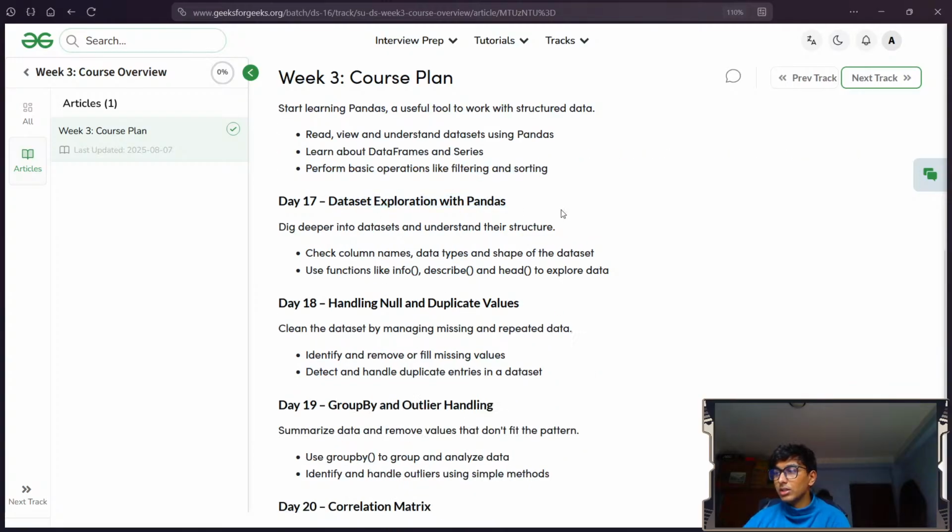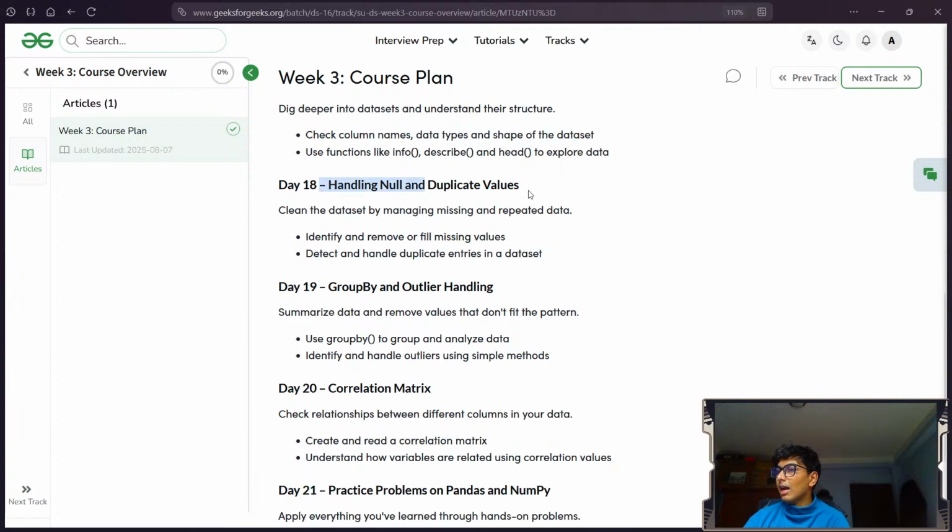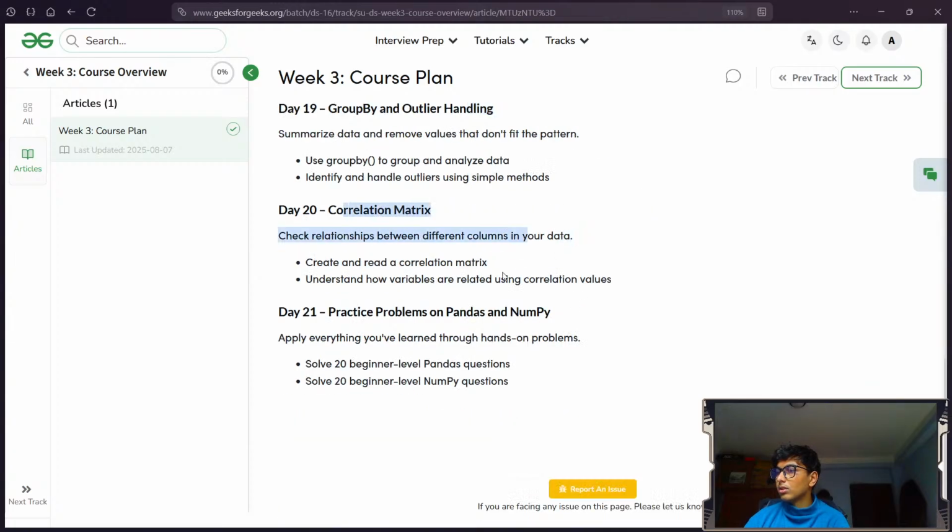Dataset exploration with pandas: dig deeper into data sets and understand their structure, check column names, data types, and shapes of dataset, use functions like info, describe, head to explore data, handle null and duplicate values, group by, outliers, correlation matrix, create and read correlation matrix. Practice problems on pandas and NumPy: solve 20 beginner level pandas, and oh, okay, there are questions.